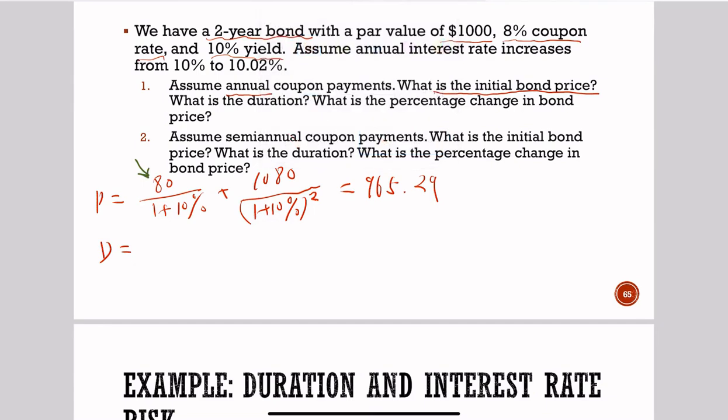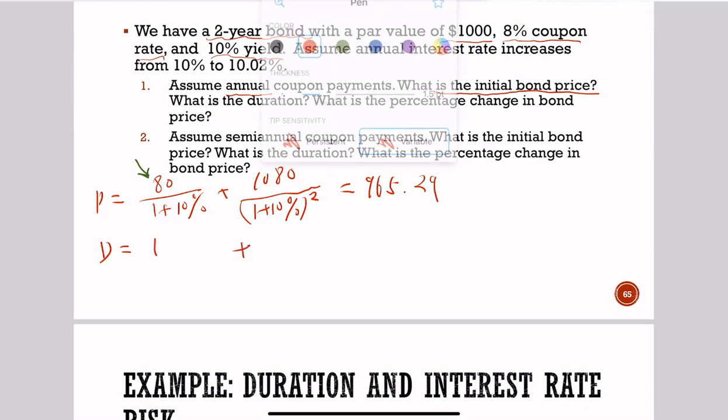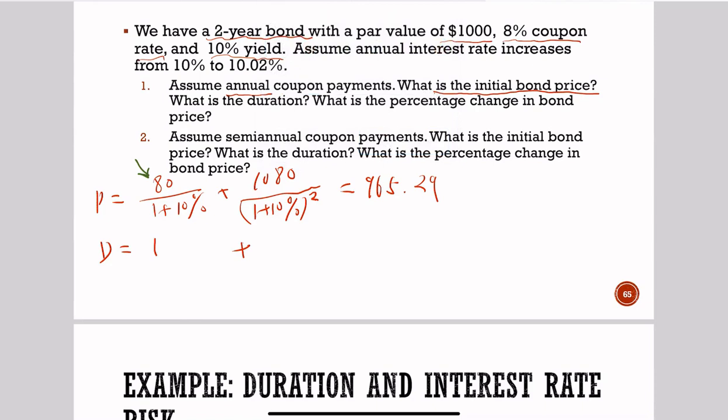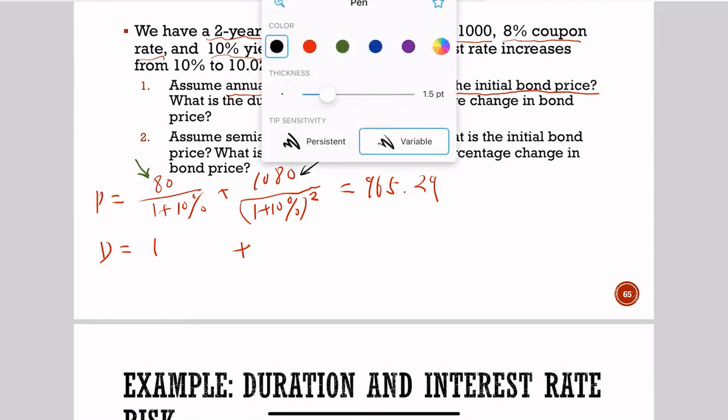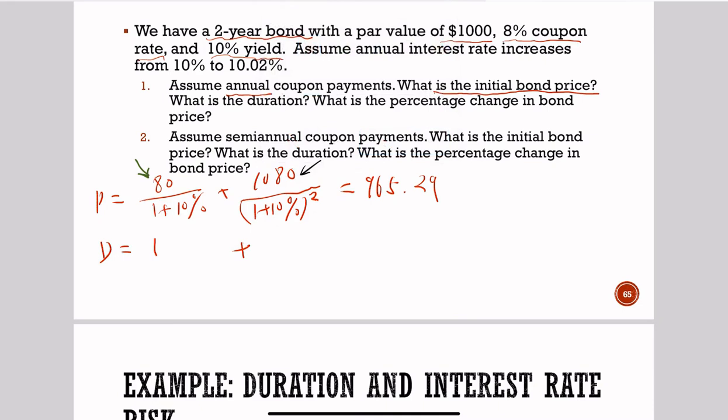So we have this 1 here. And for this second $1,080 cash flow, its time to maturity is 2 years, right? Now we have to use a weighted average. And the weight is calculated by the present value of the cash flow divided by the bond price, right?